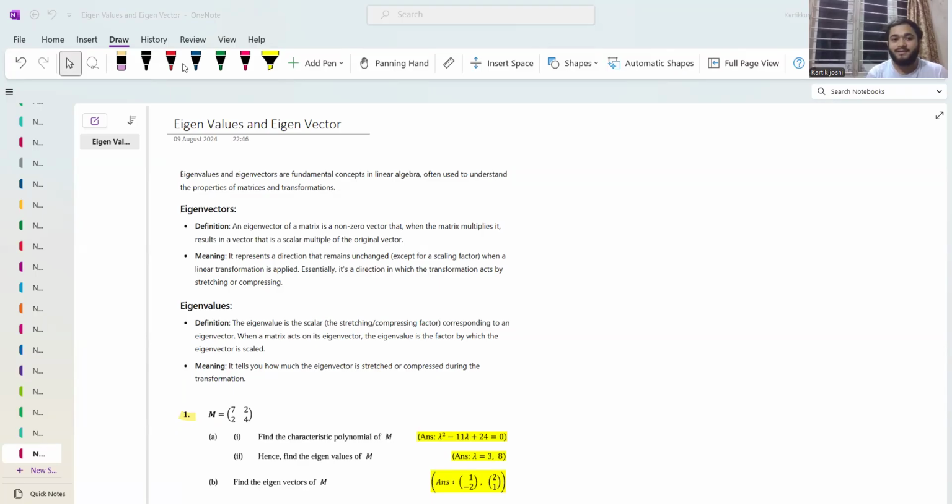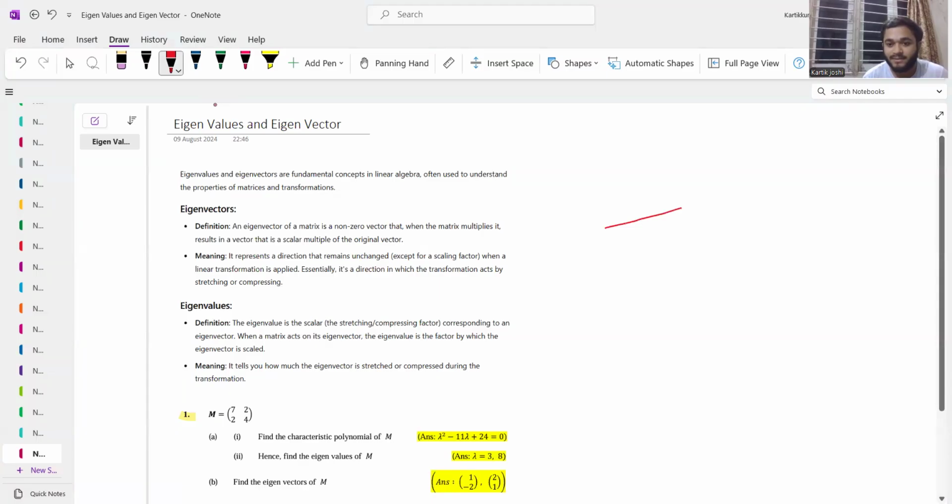So let's start. First of all, we are considering a vector. Consider this is the vector A. Now we are going to transform the vector A. Here we can compress or stretch.